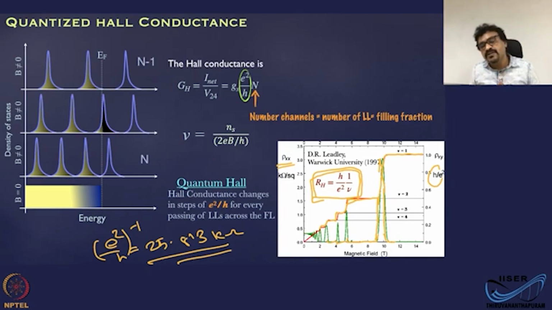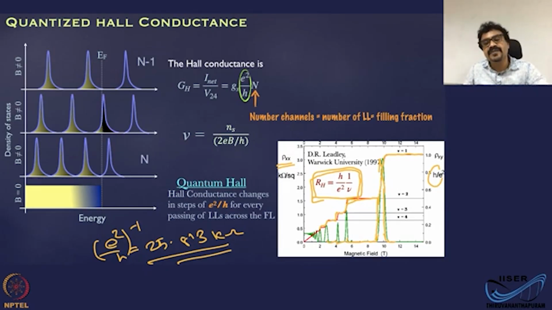So the Shubnikov-de Haas oscillation effect and the quantum Hall effect are actually the same effect, two sides of the same coin, because of the same reason. But Shubnikov-de Haas oscillation you will see whenever there's a Landau crossing, while the quantum Hall effect you will see only in 2D systems.